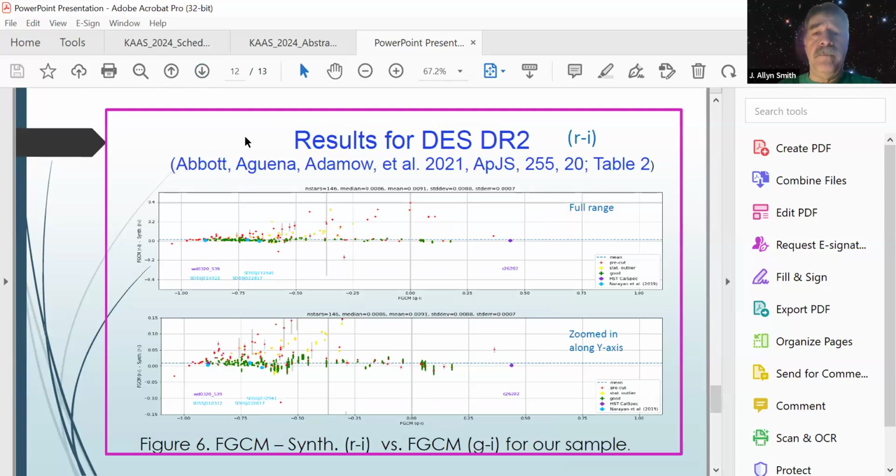So how do we do this? We take our white dwarf stars, we get photometry for them, and we've calibrated the survey with this forward global calibration module, which is our all-encompassing sky calibration system that we use across all 10 pointings, including the coads in the pointings.